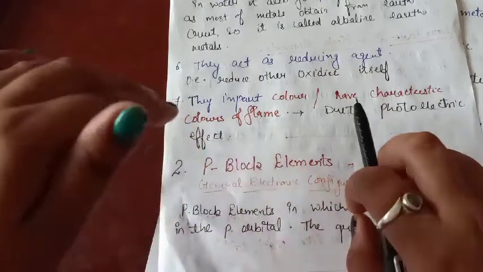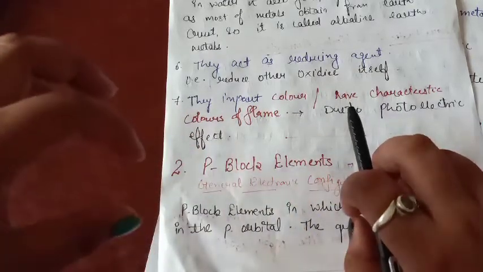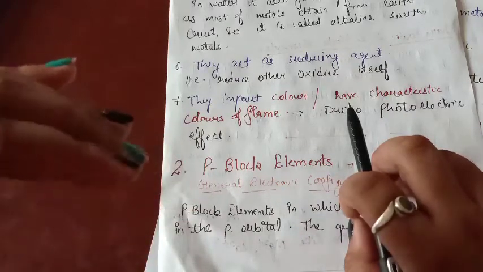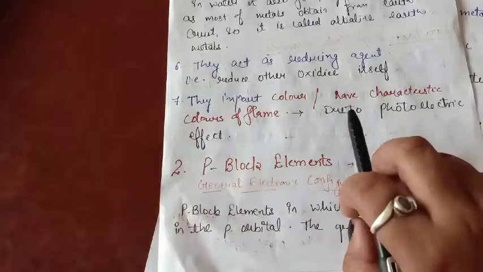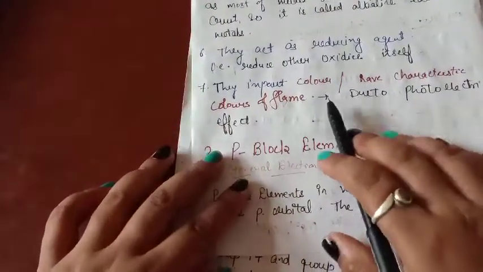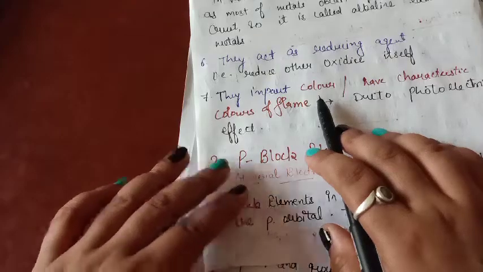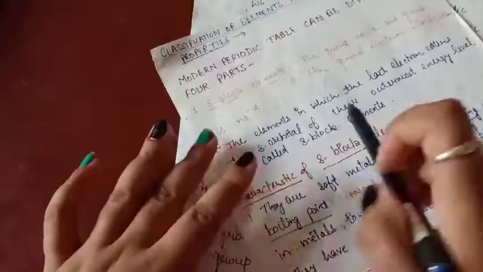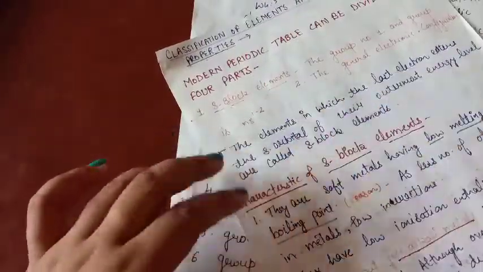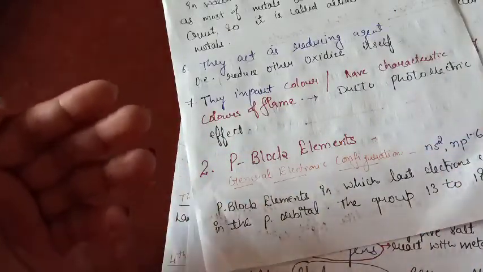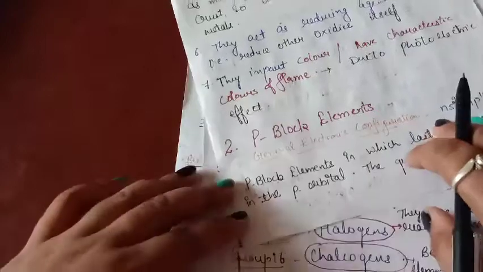With the light, energy of sufficient amount is absorbed by the electron, it gets excited from the lower energy level to the higher energy level, then again comes back and emits radiation, which gives a characteristic flame. So why is that so? Because the outermost electron is loosely bound, and that could be only in case of s block elements. They usually give characteristic flames. Like sodium usually gives yellow flame, potassium gives violet flame, so you can take the examples over there.